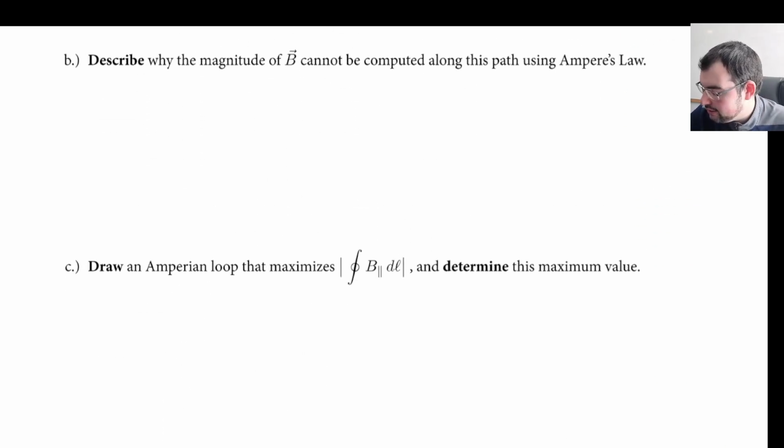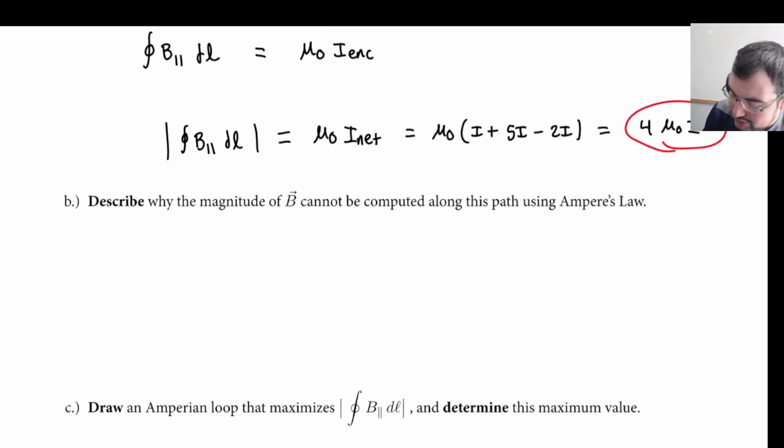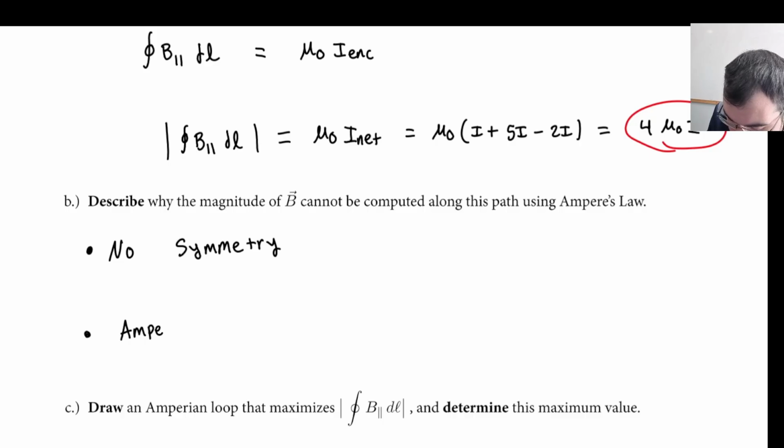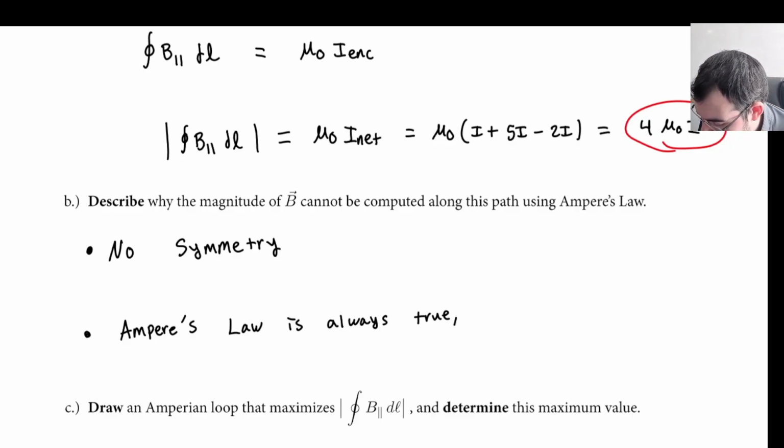We can always calculate flux using Gauss's law, but only if there's symmetry can we find the field. So there's no symmetry. So I think we should write the classic statement. Ampere's law is always true, but not always useful.